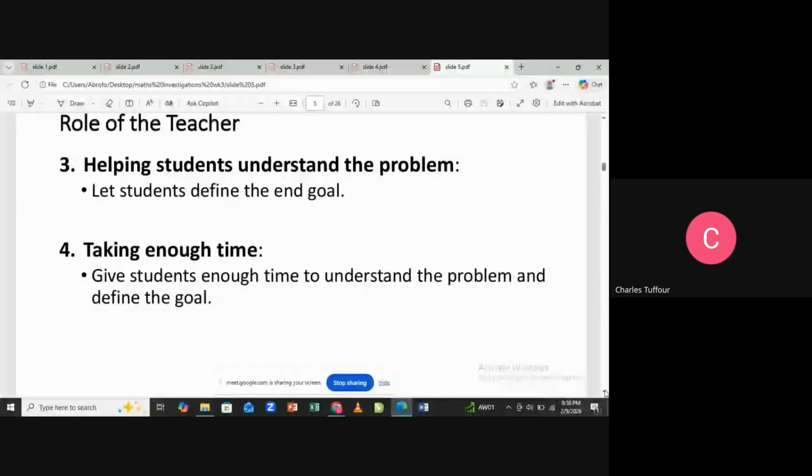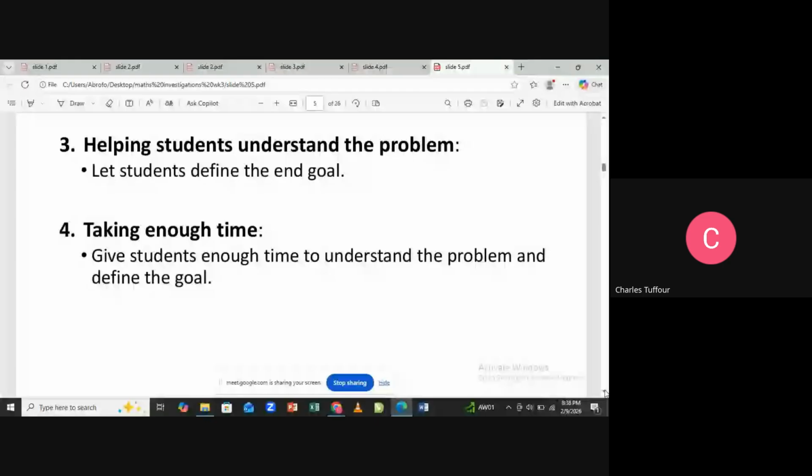Taking enough time, teachers, even if you forget anything, as you grow in teaching problem solving, do not forget this. Taking enough time is one of your roles, one of your responsibilities as a teacher when teaching problem solving.